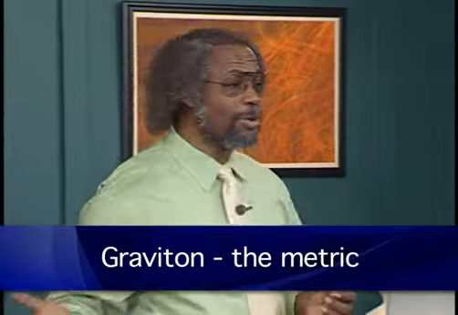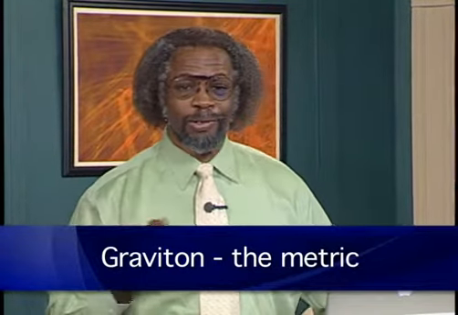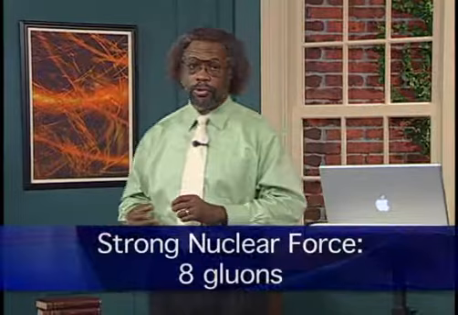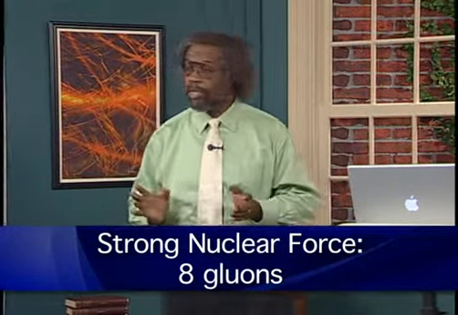Well, the other forces also have message carriers, because we've named two of them, but we still haven't talked about the two forms of nuclear energy. The weak nuclear force actually has three message carriers. They go by very bizarre names like intermediate vector bosons: Z0, W plus, and W minus. They're very massive objects. And because they're very massive, the weak nuclear force can only extend over a very short range. On the other hand, the strong nuclear force, the energy source for stars, has 8 message carriers.